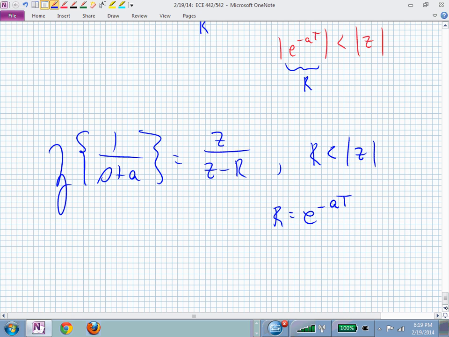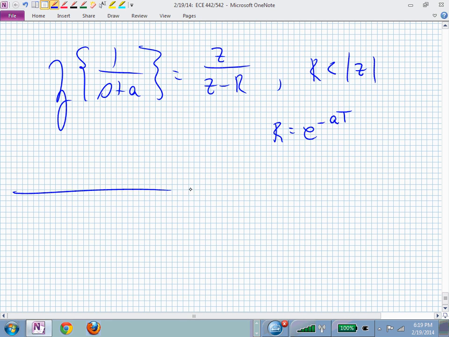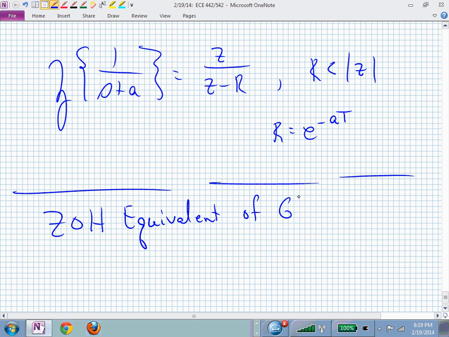Now we're ready to find that fourth row of our zero order hold equivalent table. We now want to find the zero order hold equivalent of a first order system, which we can then write as this k over s plus a.